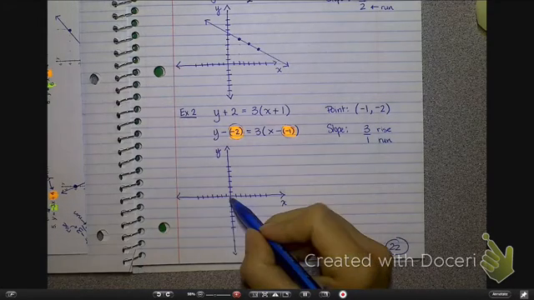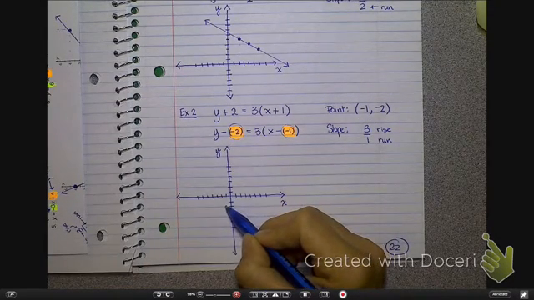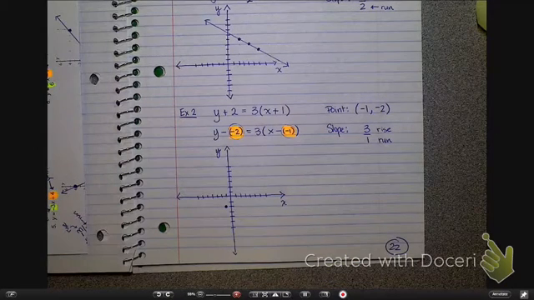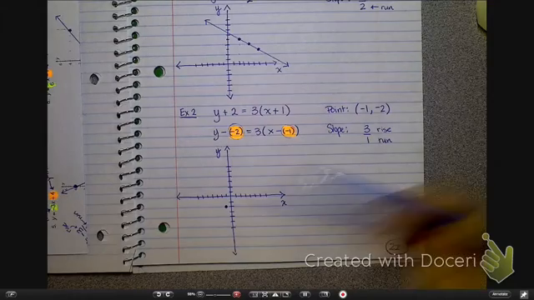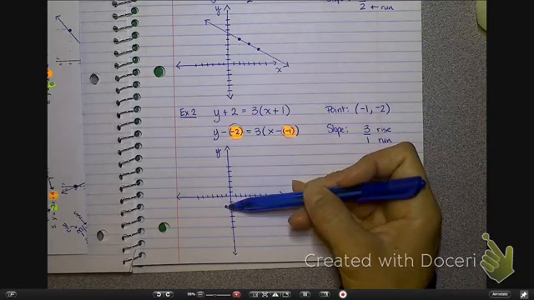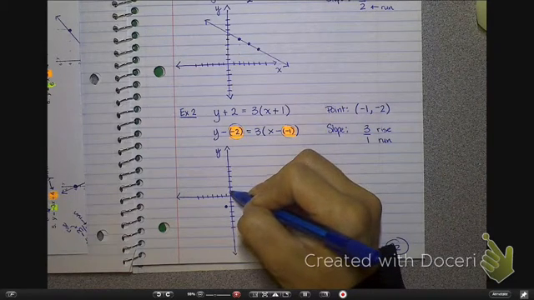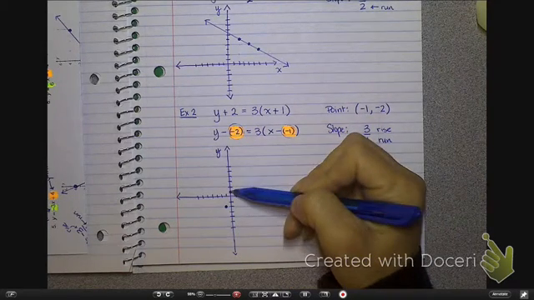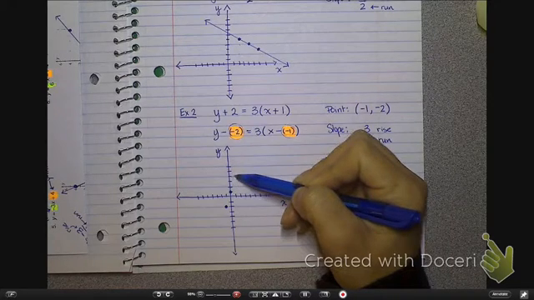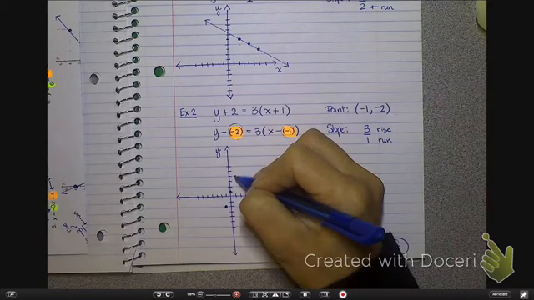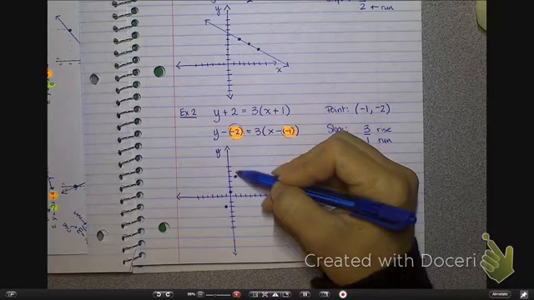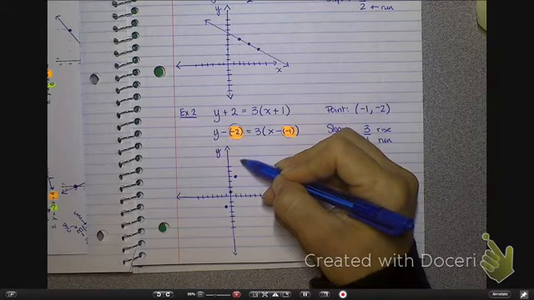So our point is negative 1, negative 2. Everyone put your point right there. Now from that point, what's my slope I'm using? 3 over 1. So from here, I'm going up 3 over 1. It's a positive slope, so it should end up looking like it's going uphill. So up 3, 1, 2, 3 over 1. And maybe I can do that one more time. I get something like this.